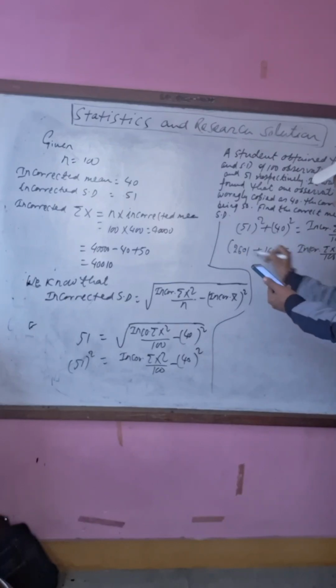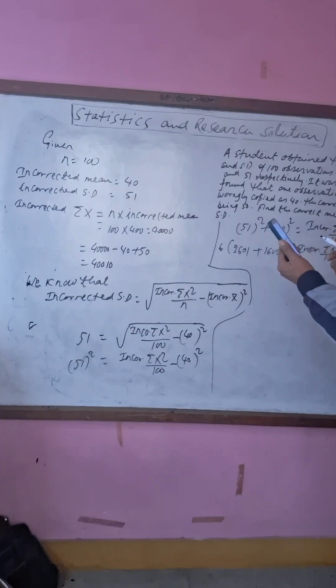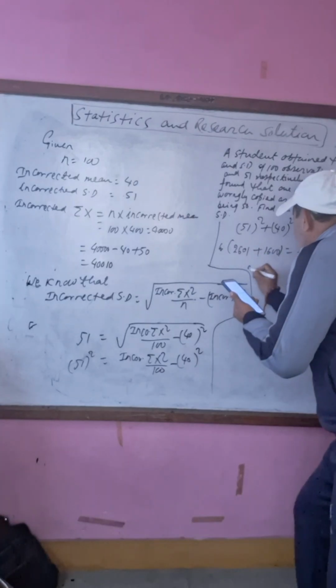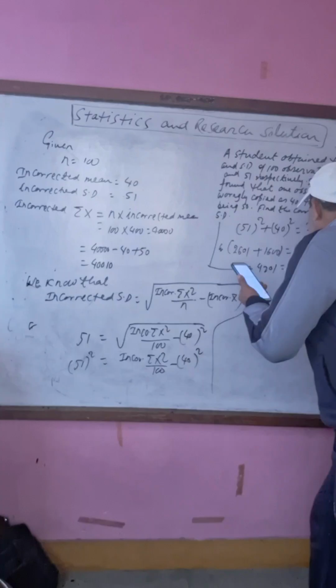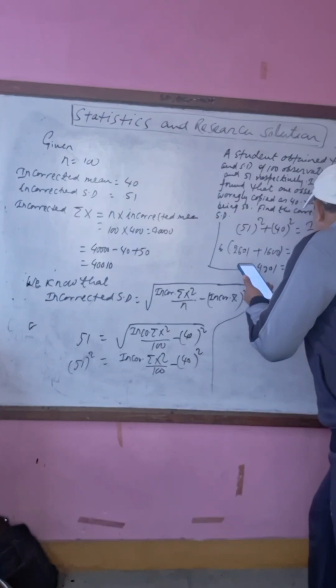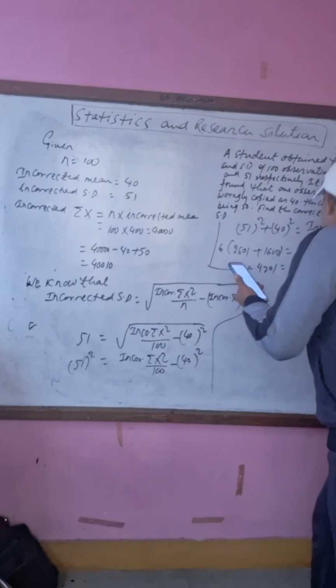Now you add these two. 1600 plus 2601, that is 4201, is equal to incorrect summation x square upon 100.